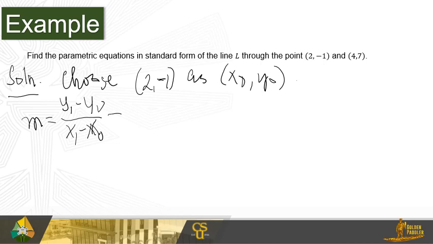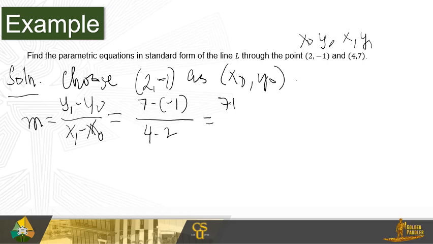So, ito yung x0, y0, x1, at saka y1. Okay, so meron tayong 7 minus -1 over 4 minus 2. So meron tayong 7 plus 1 over 2, that is 4. Or pwede hindi nyo na i-simplify actually.